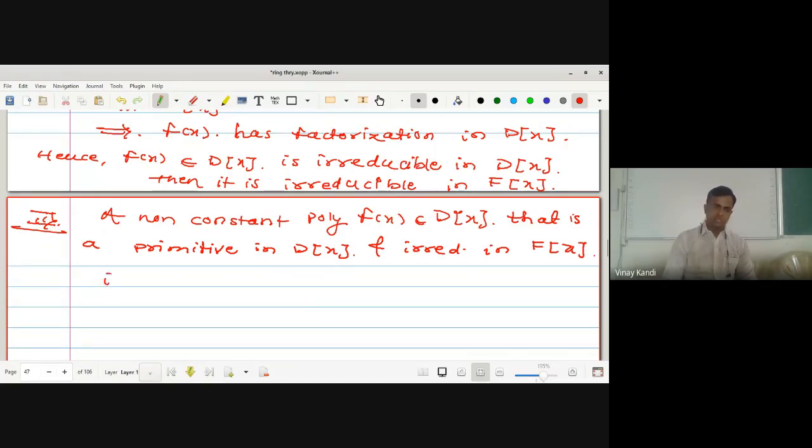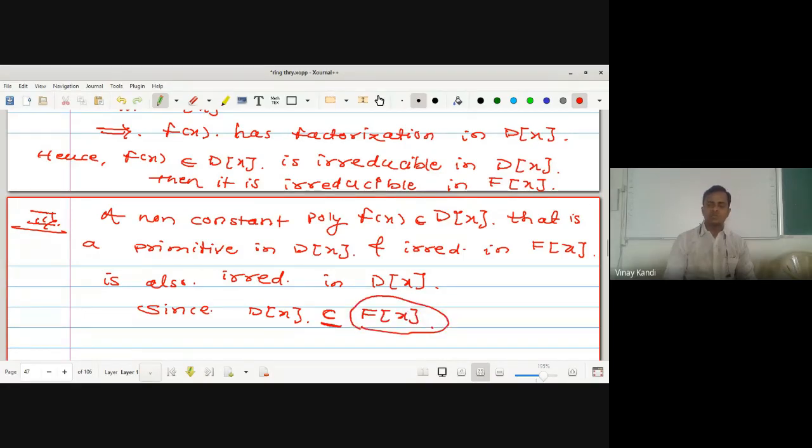Okay, it's also irreducible in capital D of x, since D of x काय सबरिंग ऑफ कॅपिटल F of x.